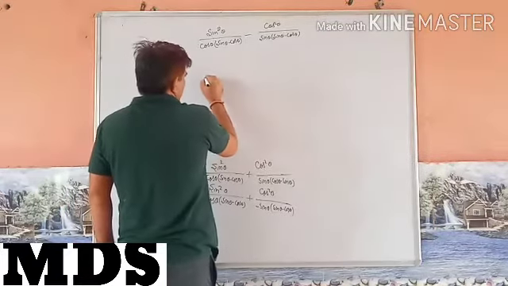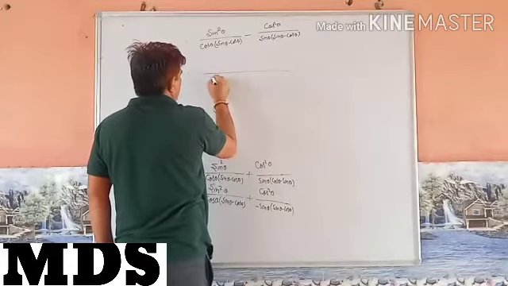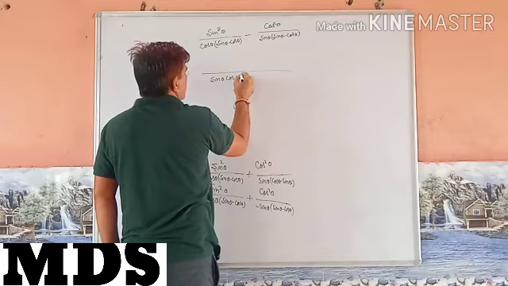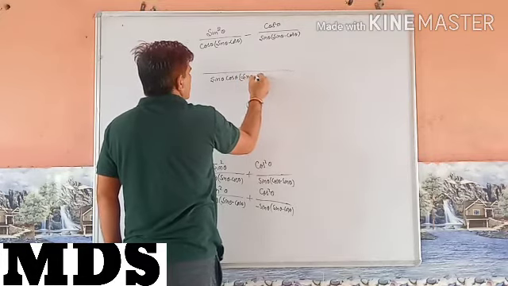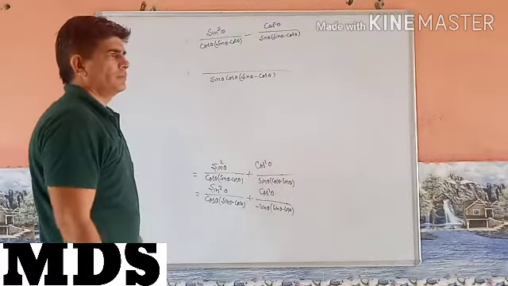Again take LCM. What's the LCM? Sin theta cos theta into sin theta minus cos theta. This is your LCM.